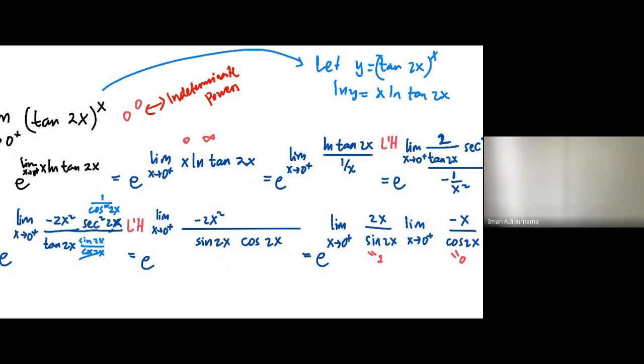We can just take the limit of the top equation, because this is the one that we need to apply L'Hopital to. So if we look here, we have x ln tangent of x. This is 0 times infinity. If we check at 0, x is 0, and ln tangent becomes infinity.